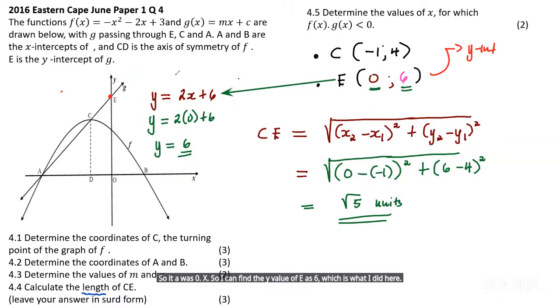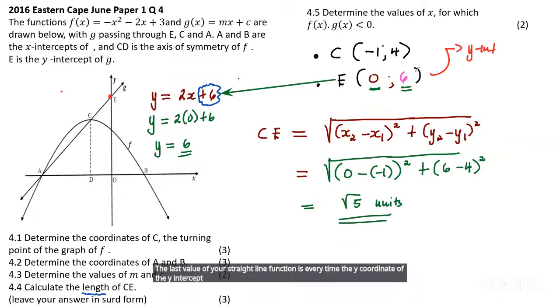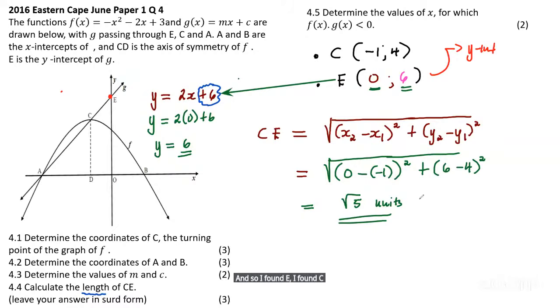But very importantly, it's easier if you think about the fact that the c value, the last value of your straight line function, is every time the y coordinate of the y-intercept. And so I found E, I found C, then I calculated the length. Sometimes they say the distance between them. I'm trying to make sure that it's understood.